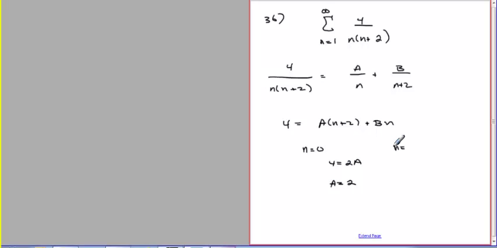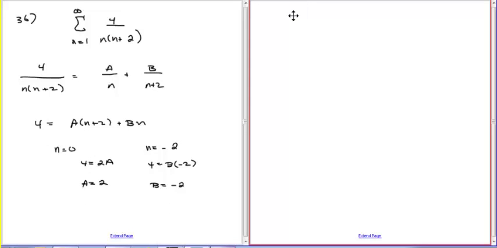And we can let n equal -2. That leaves 4 is equal to B times -2, because the other term will go to 0. So B is equal to -2. 4 divided by -2 is -2.